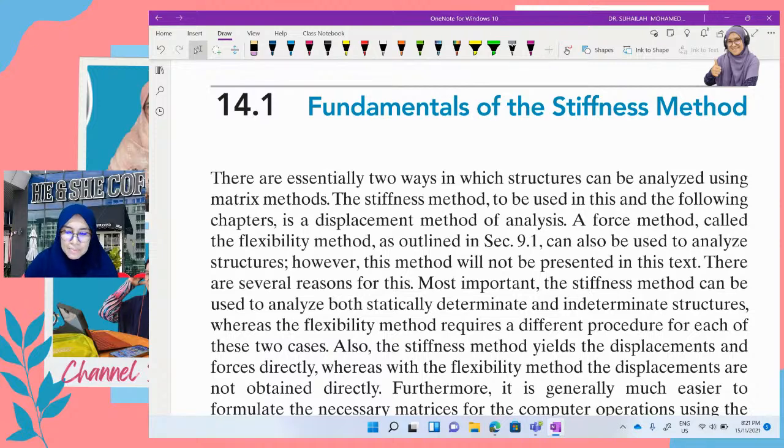The stiffness method to be used in this and the following chapters is what we call the displacement method. So it is also known as the displacement method.